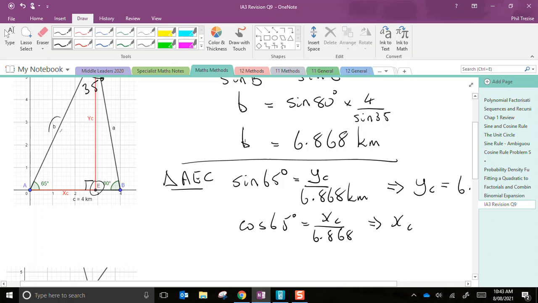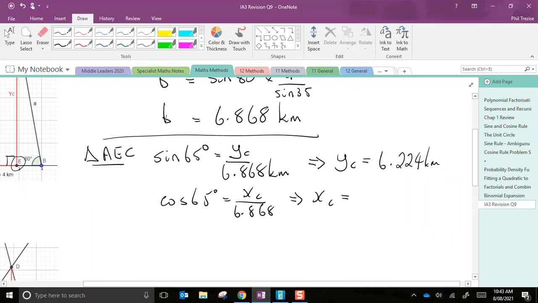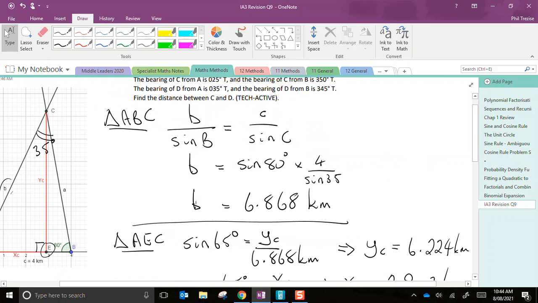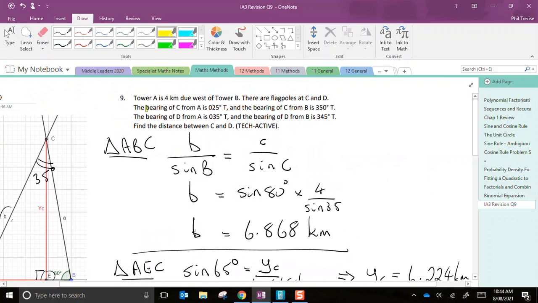And again, a little bit of working shows me that the x-coordinate is 2.903 kilometres. And that's all to do, the whole diagram and working is all to do with that clue there about the location of tower C in comparison to A and B.